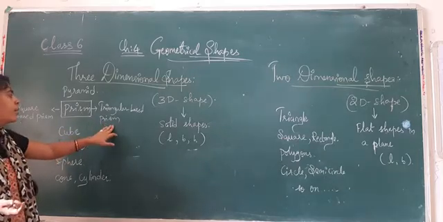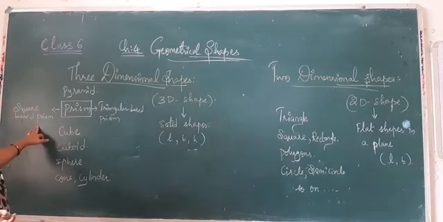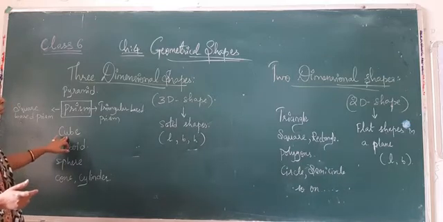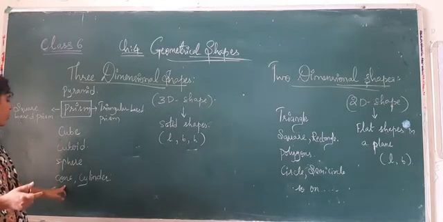We have a triangle-based prism and a square-based prism. In one the base is a triangle, in the other the base is a square. Other than that we have a cuboid, sphere, cone, and cylinder.